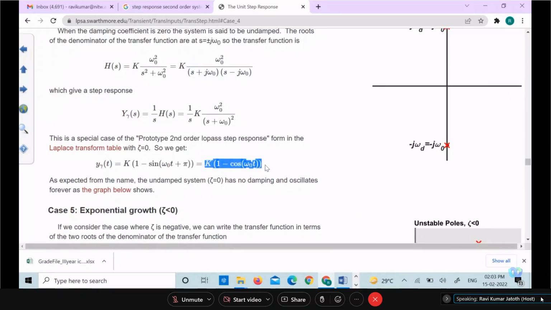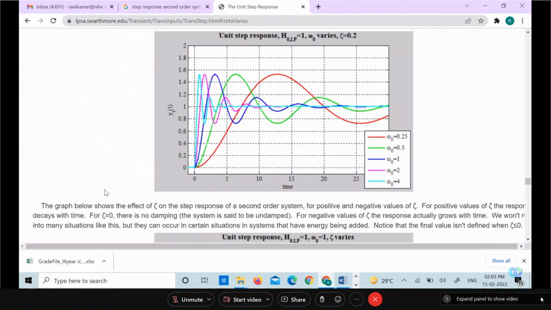When zeta is equal to 0, means what? There is no damping. When there is no damping, then what happens? The response is oscillatory, is it not?